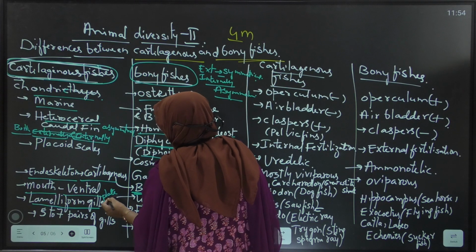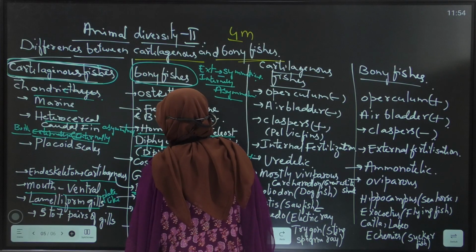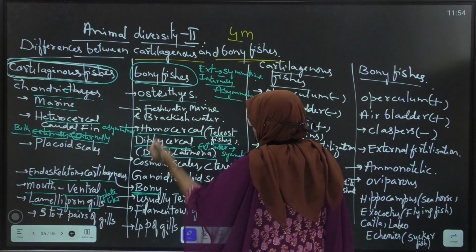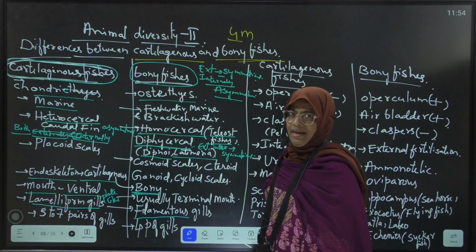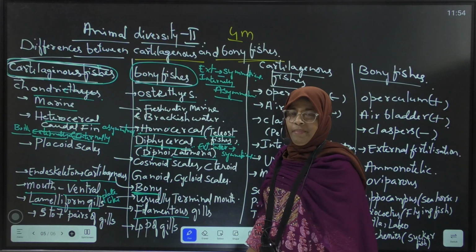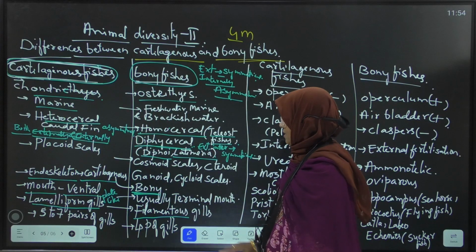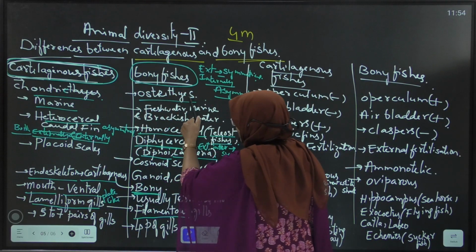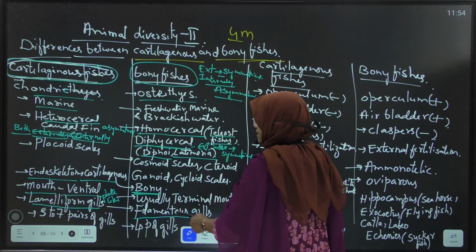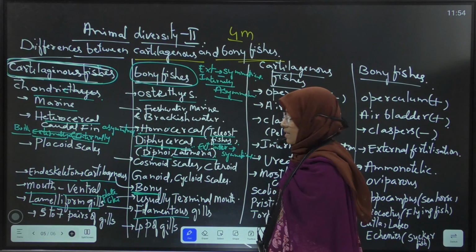And in bony fishes, filamentous gills are present. Filamentous gills means thread-like gills.